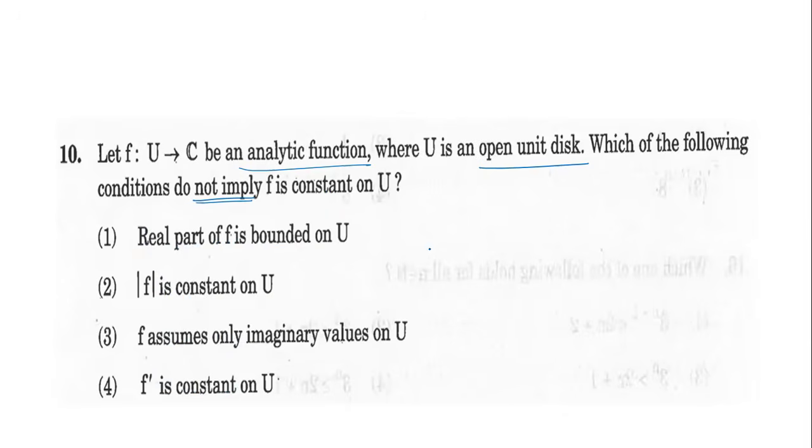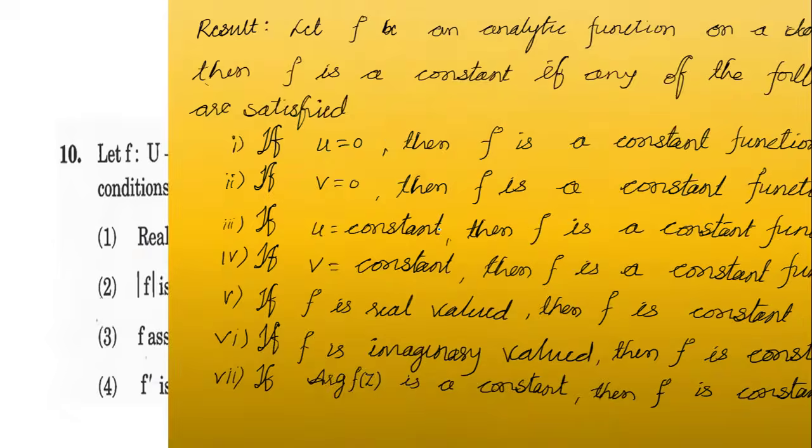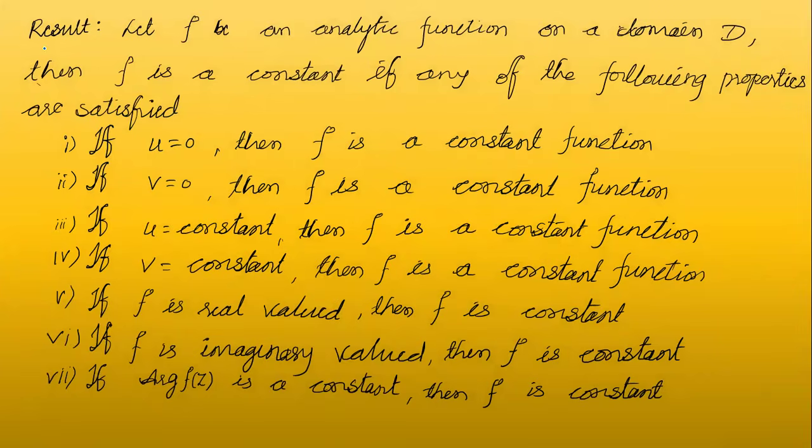See, concept behind the question. Result: let f be an analytic function on a domain D, then f is constant if any of the following properties are satisfied. That means f of z is equal to u of x comma y plus I v of x comma y.